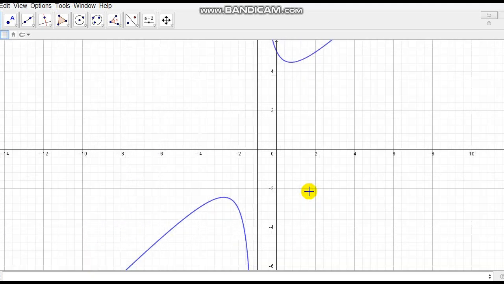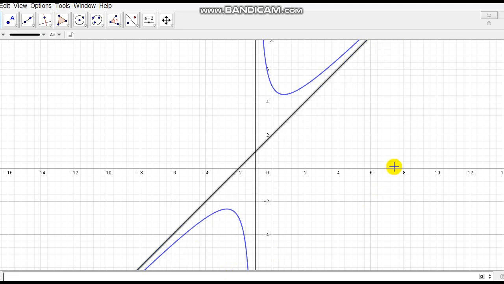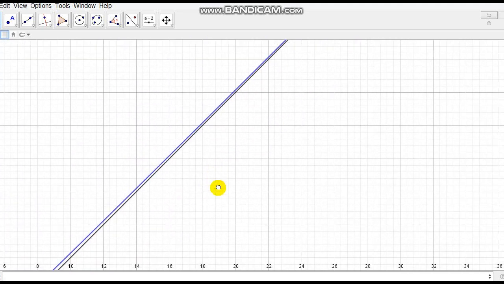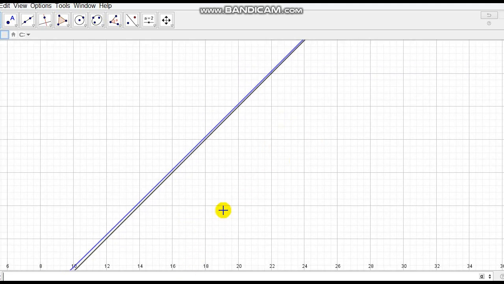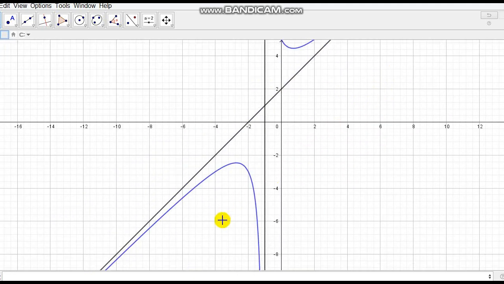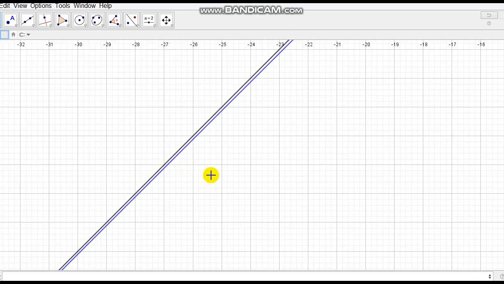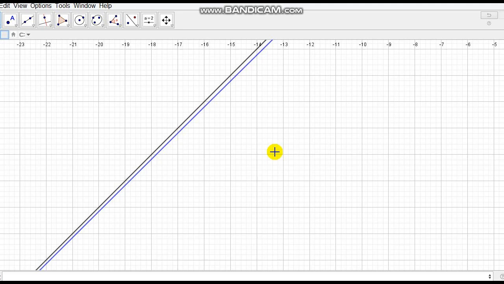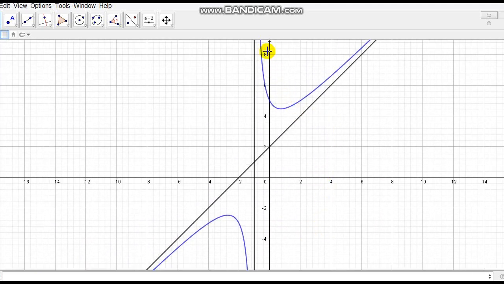Now, we don't have any horizontal asymptotes, but we do have an oblique asymptote, which is y equals x plus 2. As we can see here, the graph also approaches that line, but it never really reaches that line. It goes diagonally upward to the right and diagonally downwards to the left. So that's the purpose of the asymptotes, to check the behavior of the graph on where it approaches.